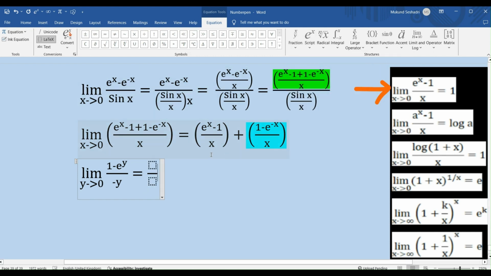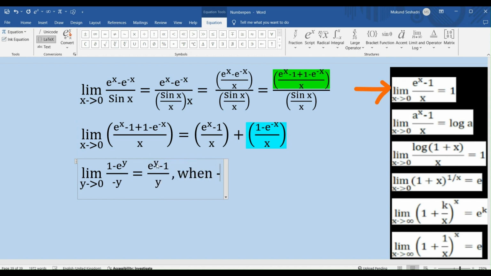So I'm going to write this as minus of 1 minus e to the power y, which is nothing but e to the power y minus 1, and I get my y. And when is all this?